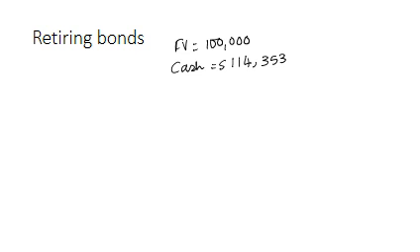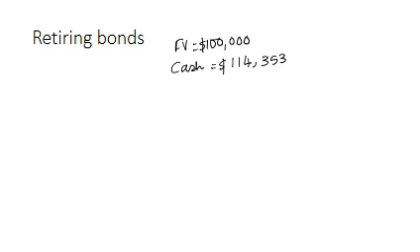Now let us say bonds had a face value of 100,000 and the company is now flush with cash and the project turned out really well, and they are ready to pay $114,353 in the open market to buy back their bonds and retire it. So the liability is no longer in their books.